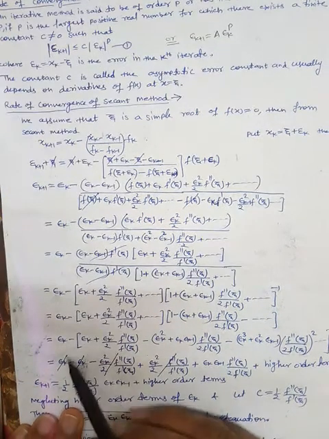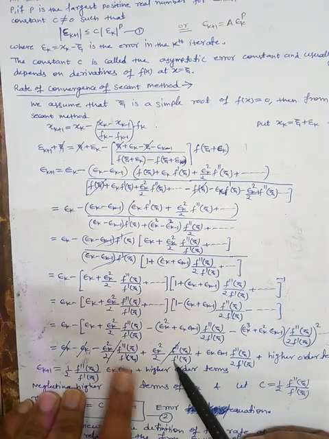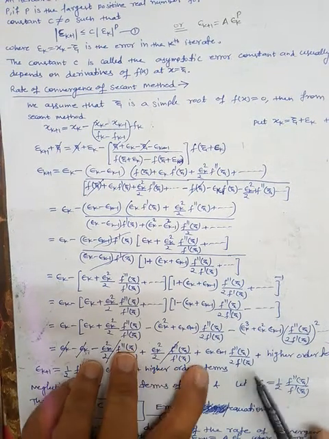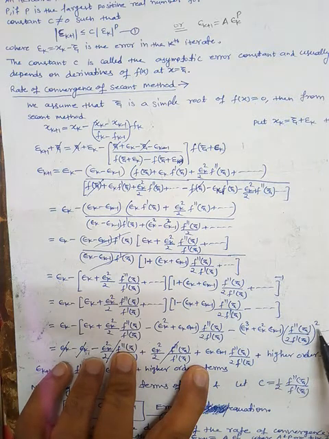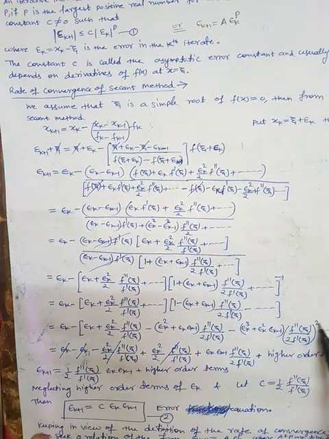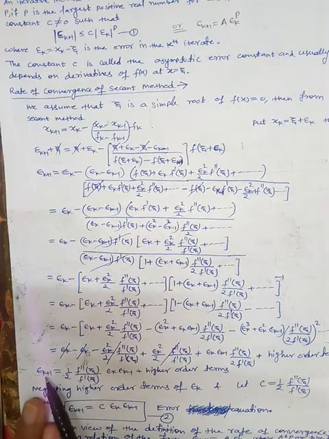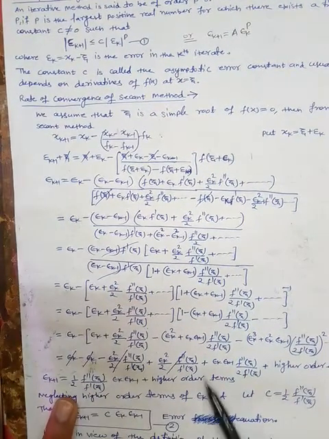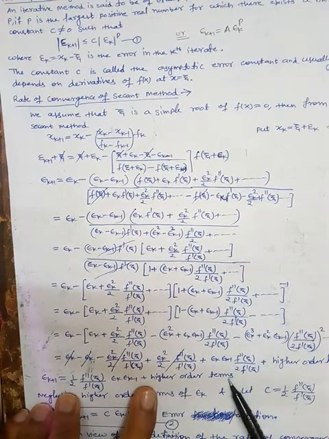And here epsilon is cancelled out with epsilon, and then this quantity is cancelled out with this quantity. So the smallest term we have is this, and then we have higher order terms. Higher order terms in the sense of powers, meaning higher powers. So on the left hand side we have epsilon k plus 1, and on the right hand side the first term is this, plus higher order terms.